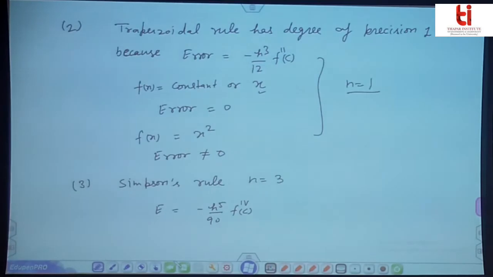If we take f(x) equal to at most x cube, then the fourth derivative f4(x) will be 0. If we take f(x) equal to a degree 4 polynomial, then the error is not equal to 0. That's why the degree of precision for Simpson rule is 3. So the degree of precision of Simpson rule is more than the trapezoidal rule. That's why Simpson rule gives better accuracy than the trapezoidal rule. That is the reason.